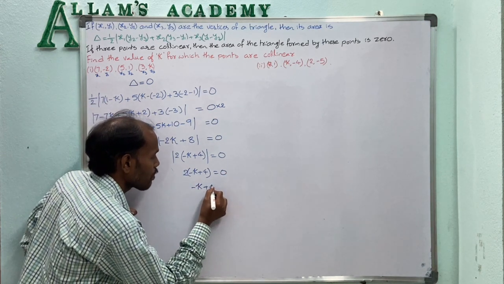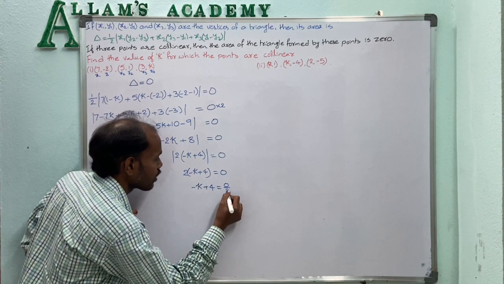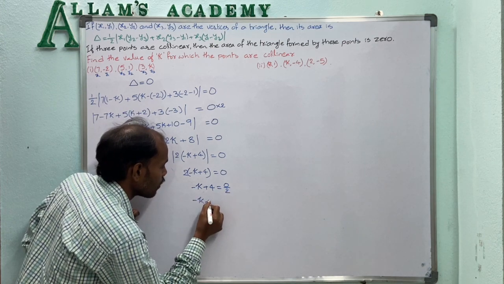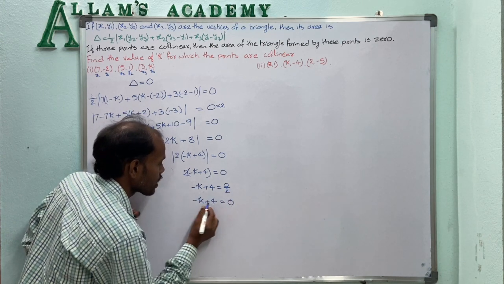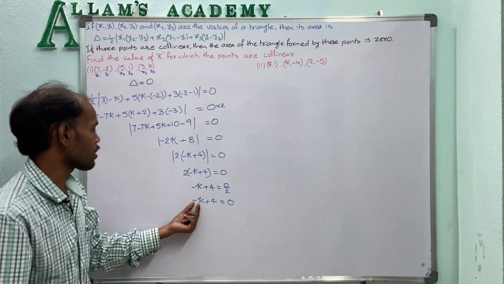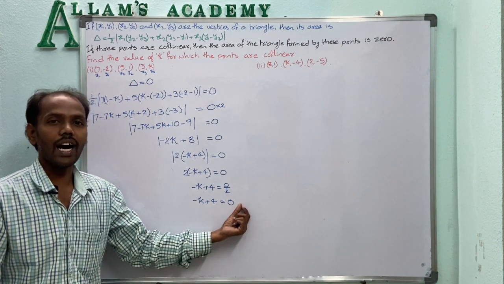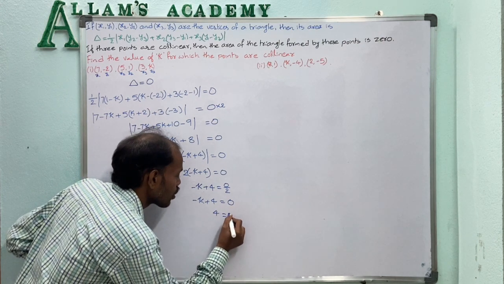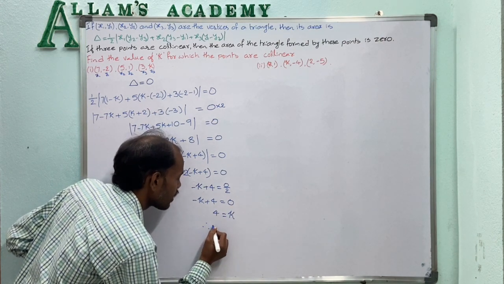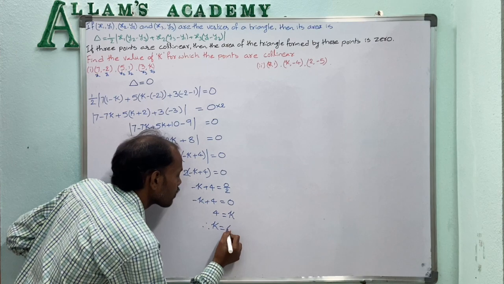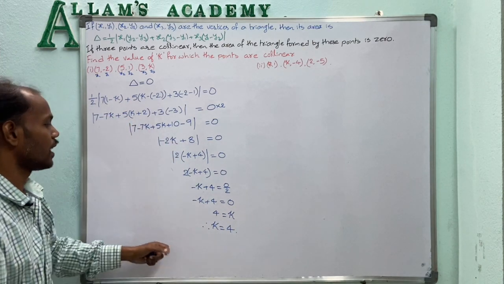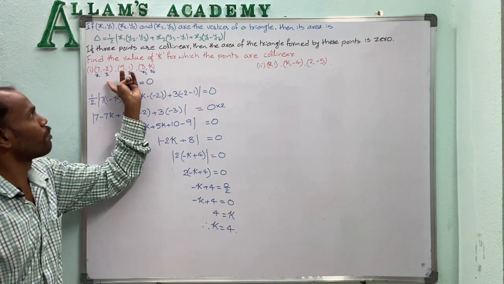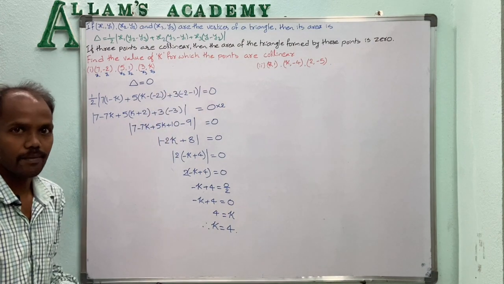So minus k plus 4 is equal to 0 by 2, which is equal to 0. So minus k plus 4 equal to 0. Now this minus k transferring to the RHS becomes plus k. So 4 is equal to 0 plus k, equal to k. So the k value is 4 if these points are collinear.